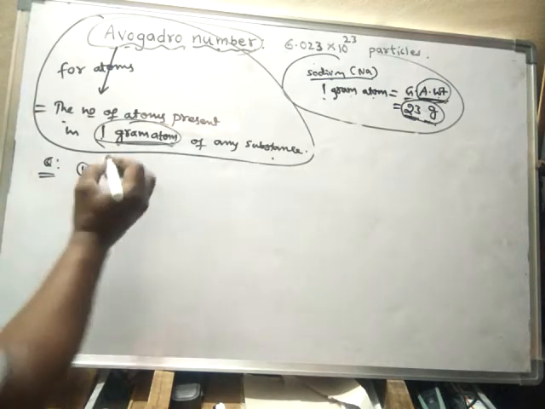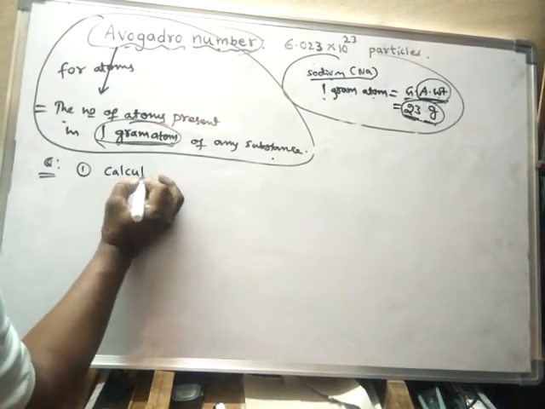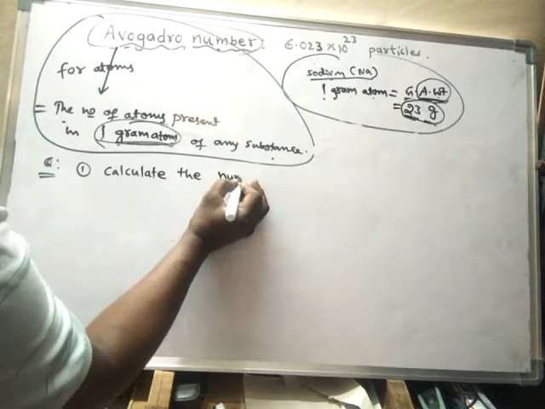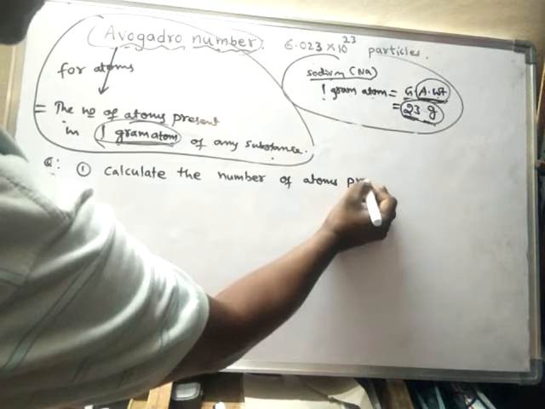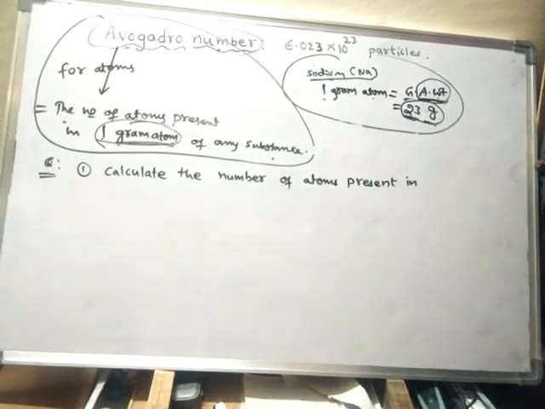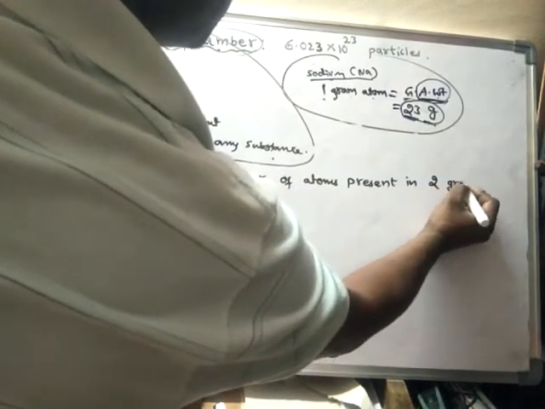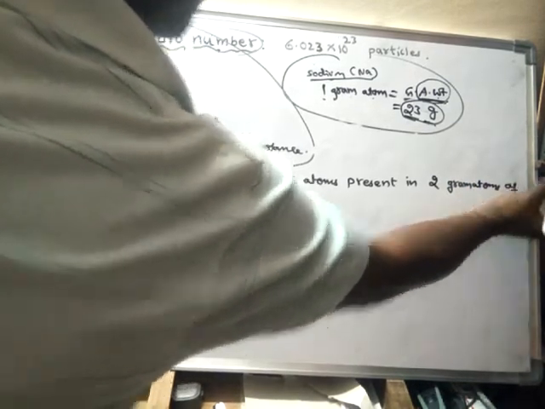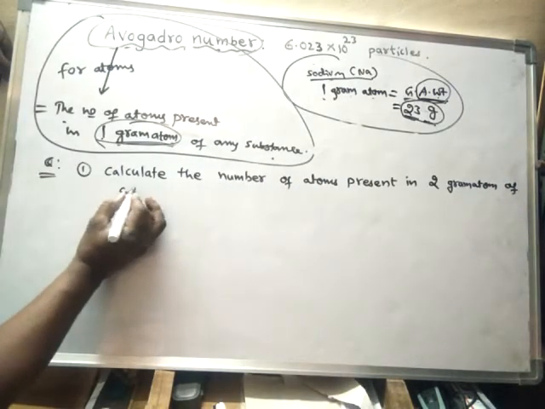Calculate the number of atoms present in 2 gram atoms of sulfur.